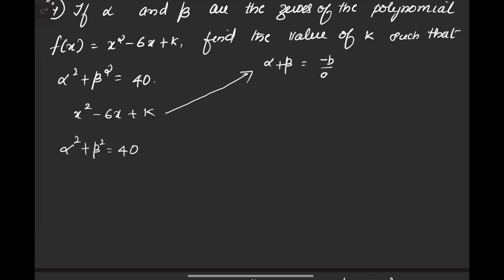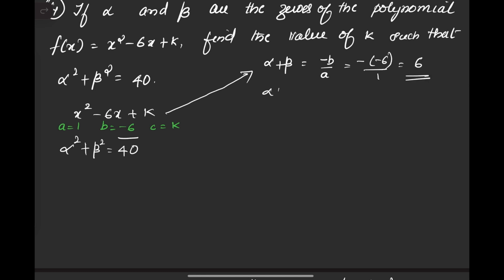Minus b by a, right? You can see here a is equal to 1, b is equal to minus 6, and c is equal to k. We have b as negative 6, so it will be negative of negative 6 by 1. So you got it as 6.